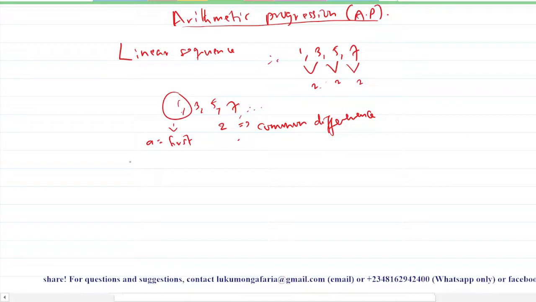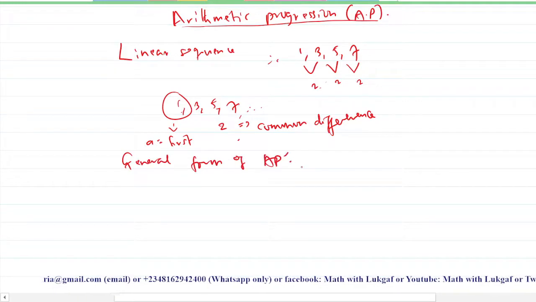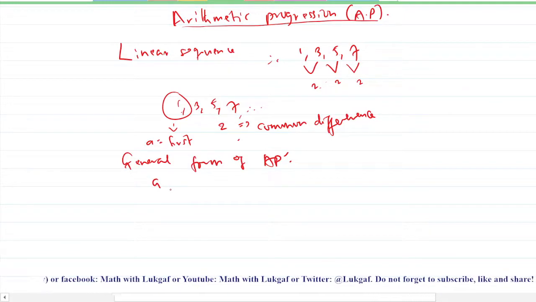So then the general form of AP, let us do that. My first term, like I've defined it, is A, right? If you want to know your second term, since it is a linear sequence, we obtain the subsequent term by adding the same constant, the common difference, to each of them.